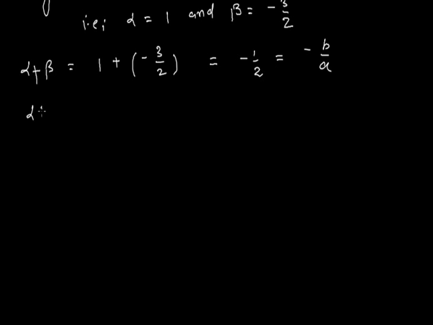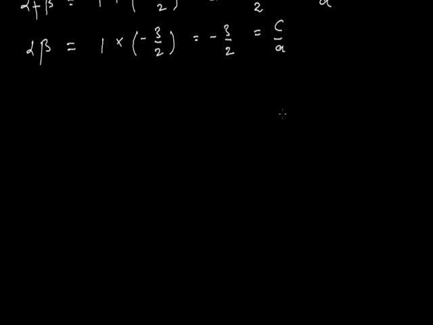Similarly, we take the product of the roots alpha and beta: 1 times (−3 by 2) is −3 by 2, which is equal to c by a, that is the ratio of the constant term and the coefficient of x².